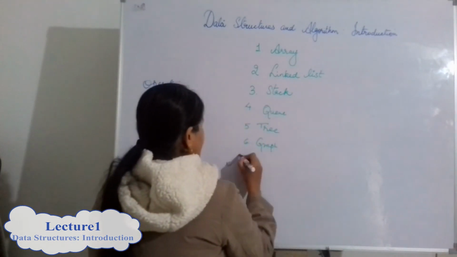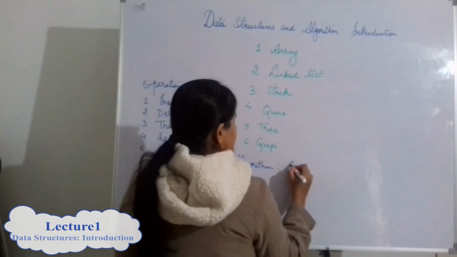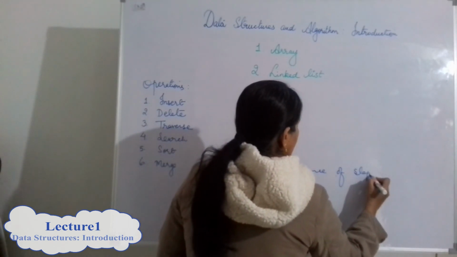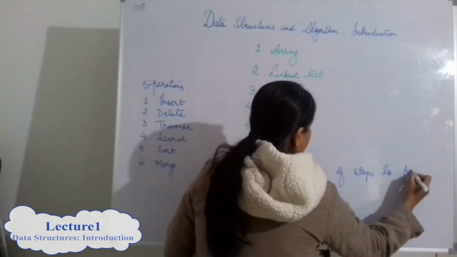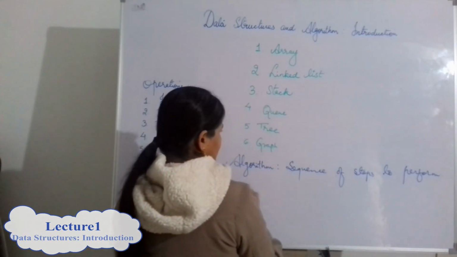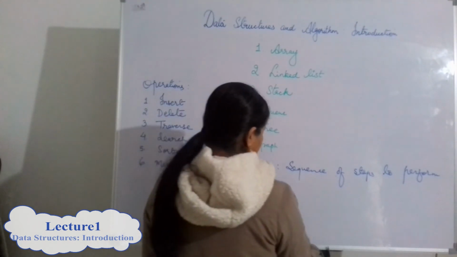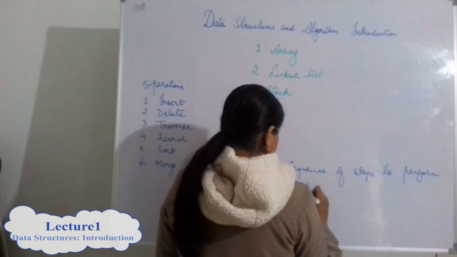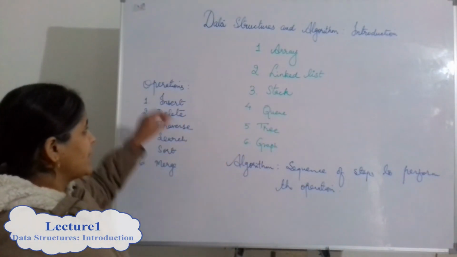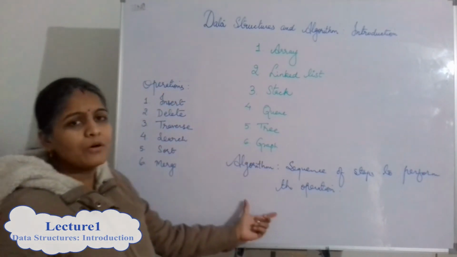So, I would like to define algorithm here also. Algorithm is sequence of steps to perform the operation. We'll write algorithm, that are sequence of steps to perform the operation, in a pseudo code.